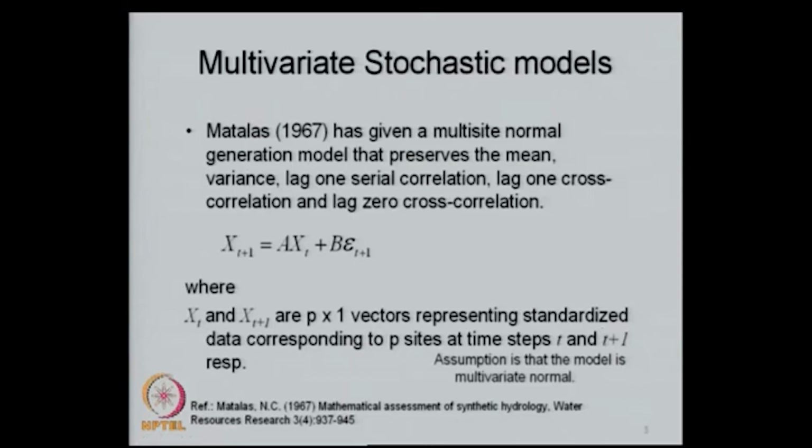When talking about the Thomas Fiering model and other ARMA type of models, I have told earlier that we write these models always for standardized data. So, x t and x t plus 1 are in fact the standardized data. Recall that by standardization I mean deducting the mean and dividing it by the standard deviation.